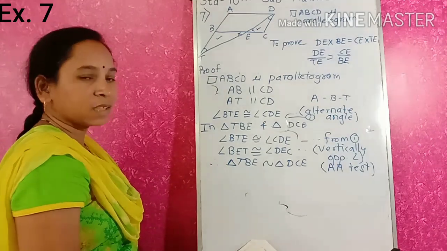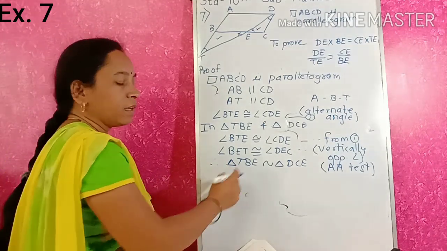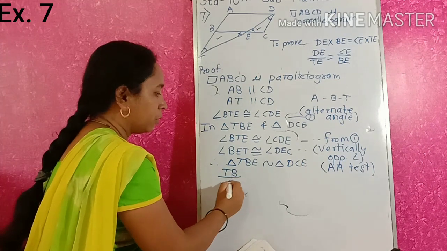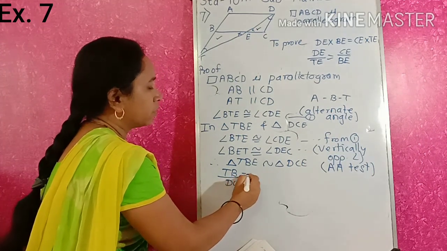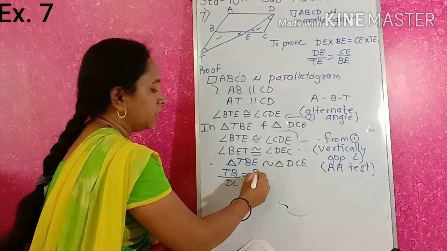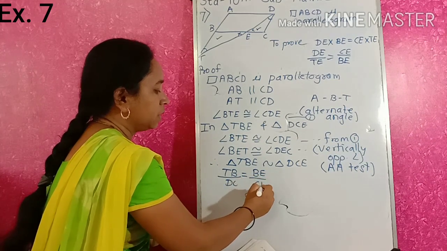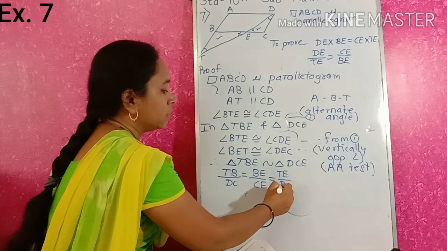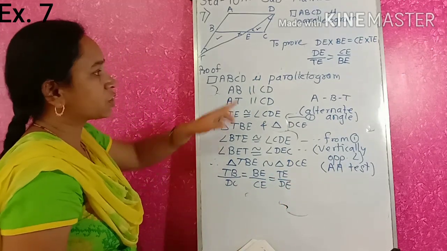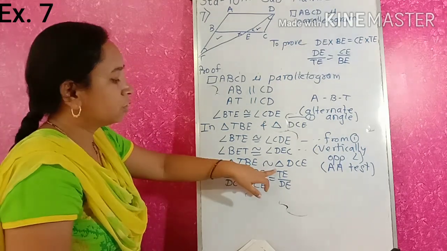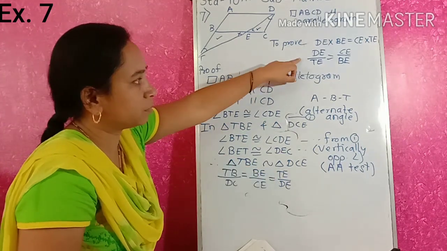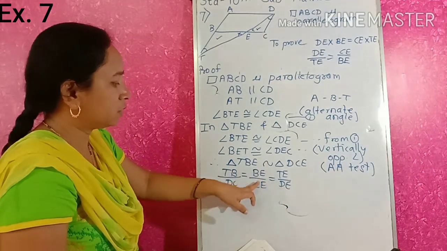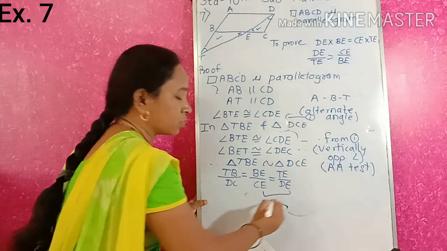So these two triangles are similar, then their corresponding sides are in proportion. So TB upon DC is equal to BE upon CE is equal to TE upon DE. Just see which two ratios I need. I need TE and DE's ratio, and CE, so I need these two ratios.